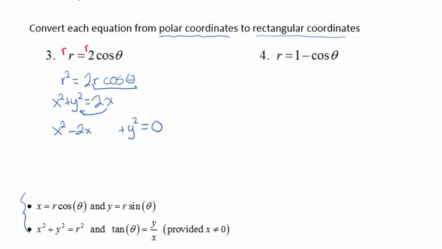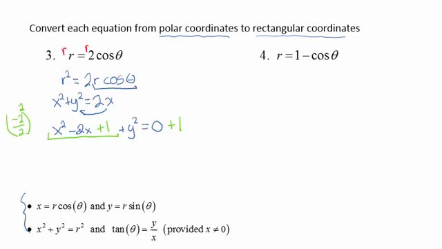Recall that if we were to complete the square on x, we should be able to write this in a more standard form of a circle. To complete the square, remember you take half of that middle term and you square it. This will give us negative 2 divided by 2 is negative 1. Negative 1 squared is positive 1. Adding 1 to both sides to keep equality.